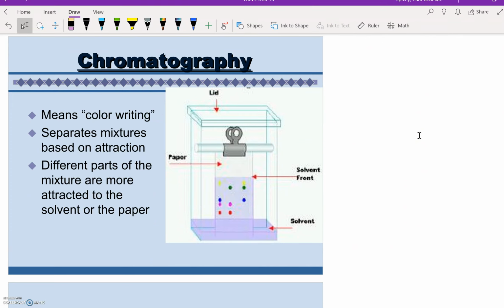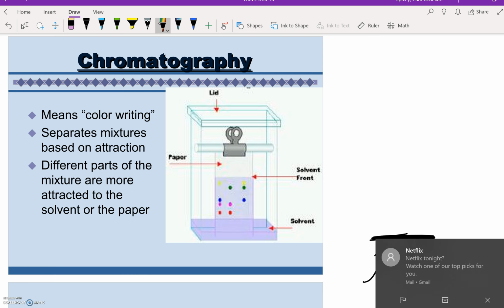Lastly, there's chromatography, which is probably the most confusing one, but there's a video that you can watch that is on the website to help explain it. But chromatography basically means color writing, and if you take a color like, say, black, we know that black is made up of every color. And we can actually run electrical currents through this, and it will start to separate those colors out.